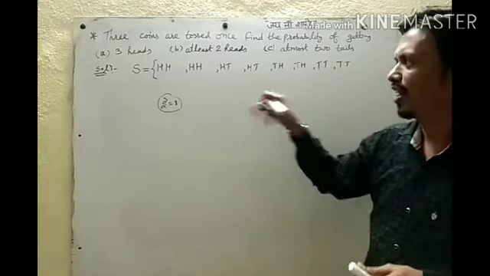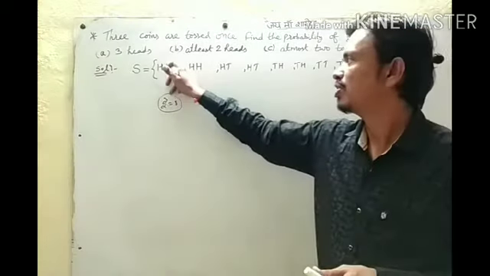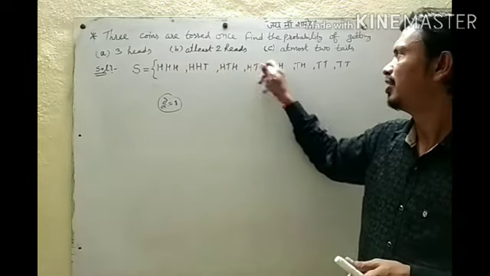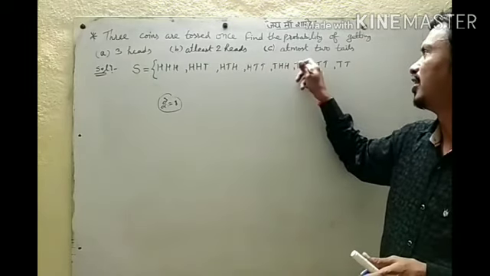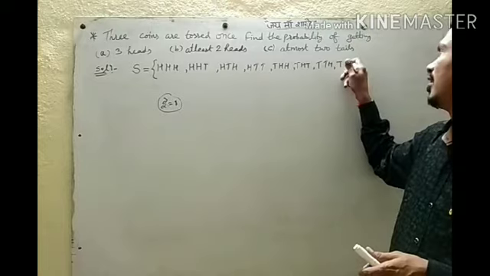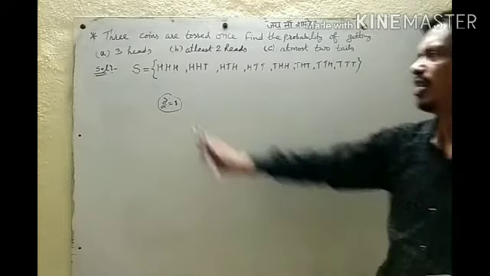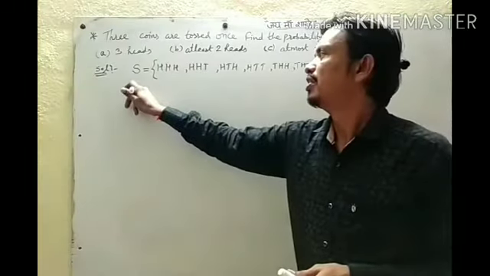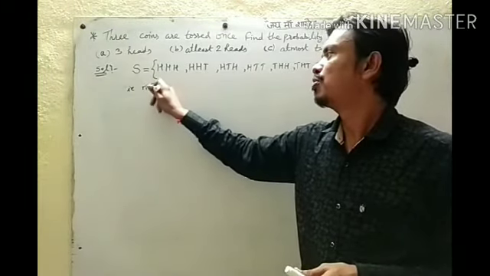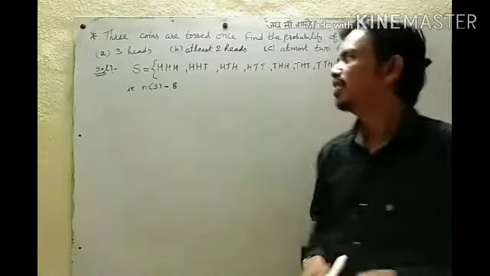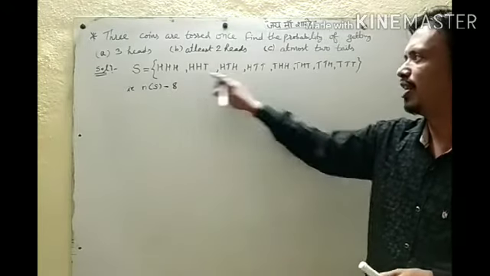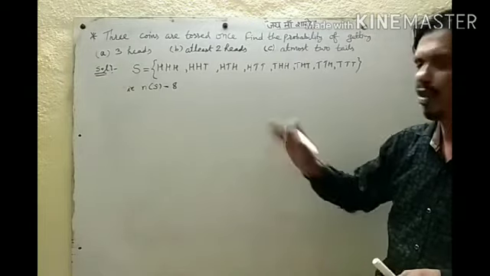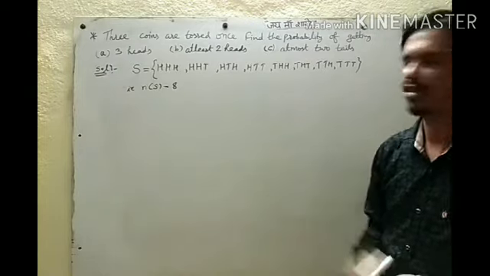Then take half of 2, which is 1. So 1 head, 1 tail, 1 head, 1 tail, head, tail, head, tail. Like this we can write all the possible outcomes. It means the number of possible outcomes is 8. This is the easiest way to write possible outcomes when we toss 2 coins or 3 coins or 4 coins.